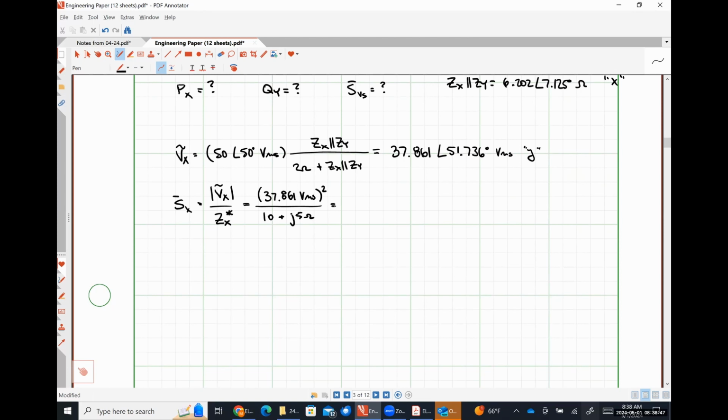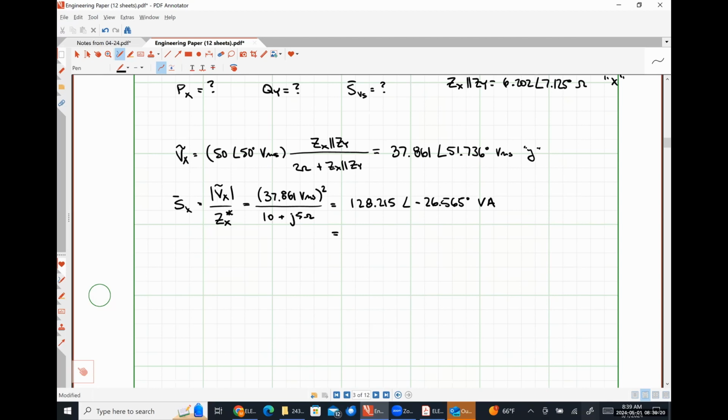So the magnitude of what I have stored as Y squared divided by 10 plus 5I gives me 128.215 with an angle of negative 26.565 degrees, volt amperes in polar form.